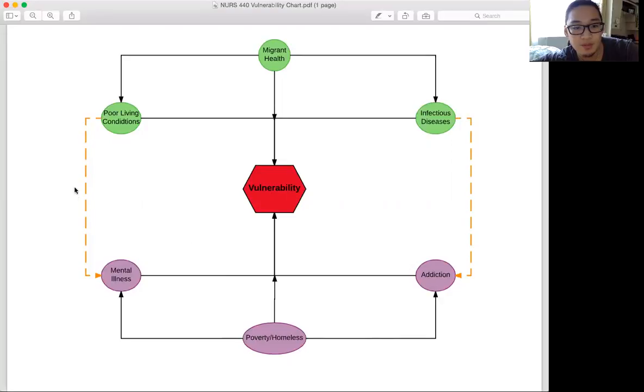And then we have these lines here, which interconnect all six of them to health vulnerabilities, because I believe that you can pinpoint and draw connections between all of these. Perhaps a migrant health worker is homeless, which leads to poor living conditions, could lead to addiction.